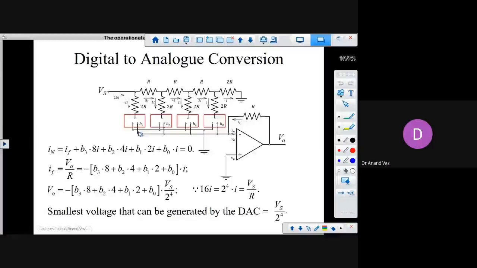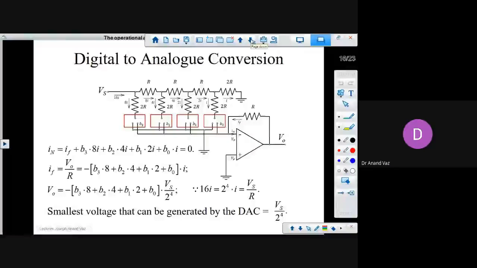So it's essentially a conversion from the digital domain to the analog domain. And we could see that depending upon this pattern which is available here, the specific values of B0, B1, B2, B3, we get specific values of the output voltage. This is in the analog domain. And here we are just putting on or off these switches.